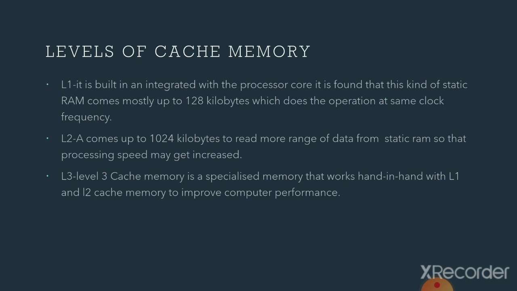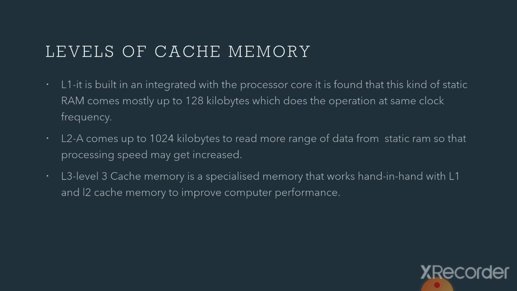L1 has less size, but access time is very fast. L2 has more size than L1, around 1000 KB or 1 MB of data or instructions can be stored, but it has slower access than L1.